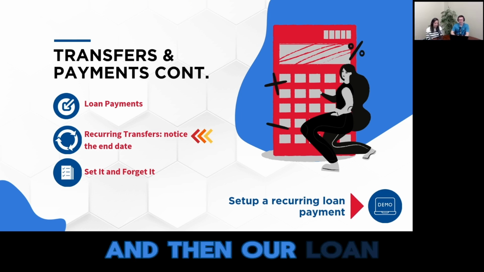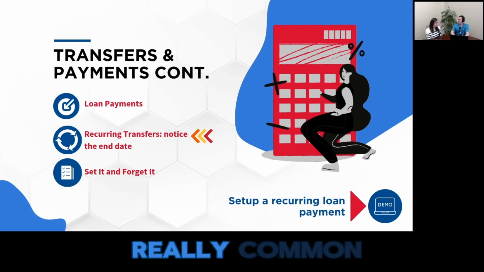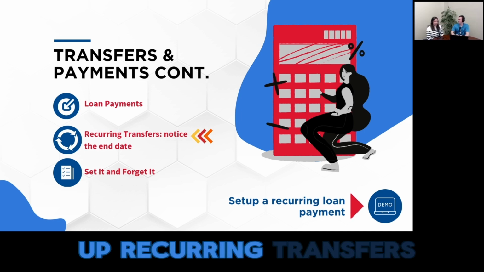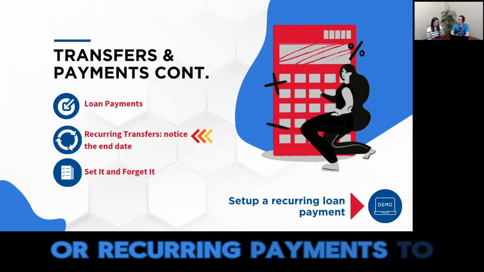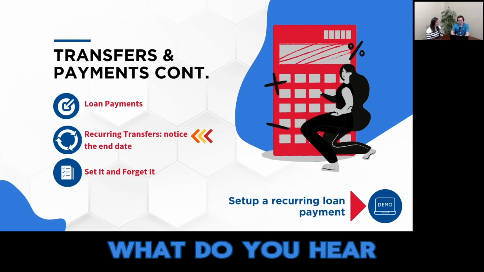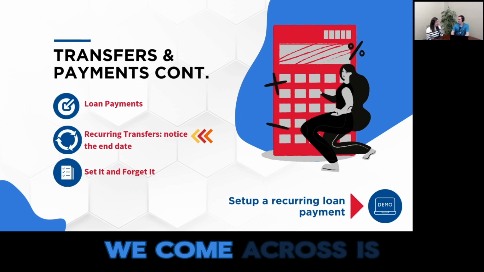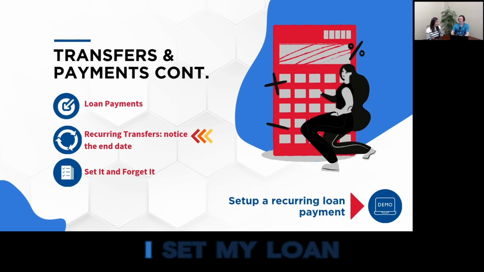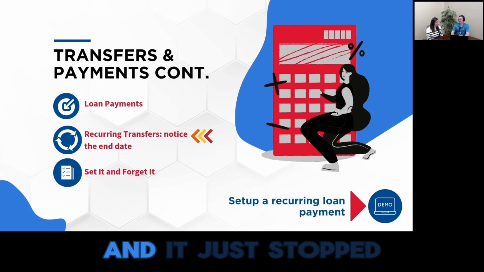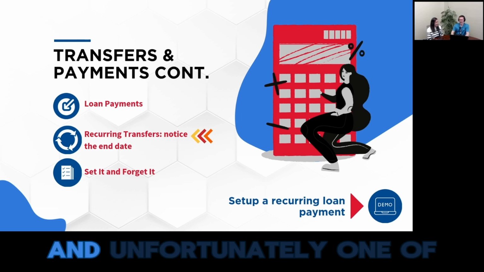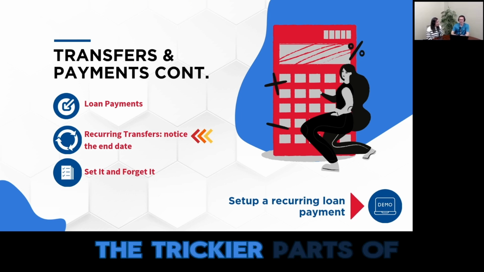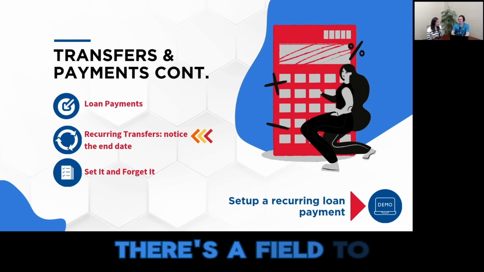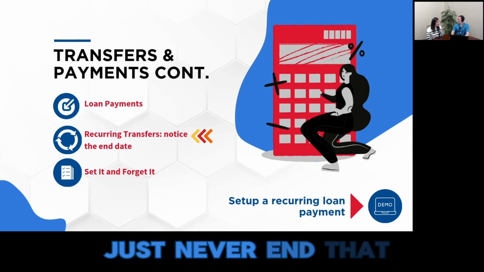And then for loan payments, I know this is really common when a member sets up recurring transfers or recurring payments. What do you hear the most? The most common thing we come across is, I set my loan payment on recurring and it just stopped out of nowhere. And unfortunately, one of the trickier parts of this is there's a field to just never end that payment.